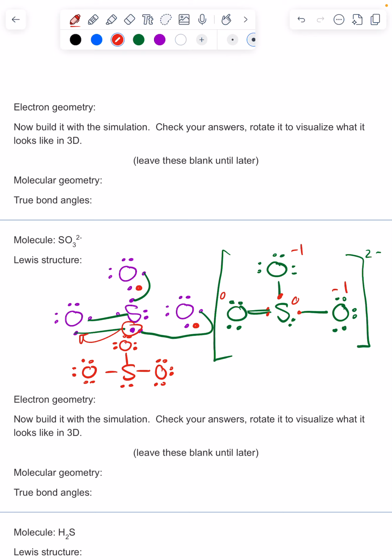I don't even see how you could actually come up with that. I'm going to have to look at that one. I swear I've seen people draw it like that online. I'm sure there's a way. I'm not going to waste your time doing it right now. Okay, this structure we have here, great.